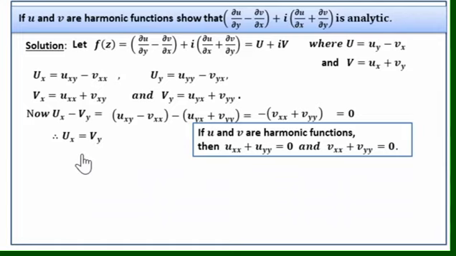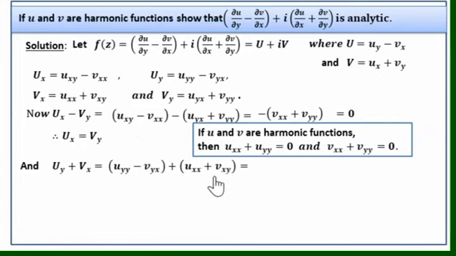Next, to prove that ∂v/∂x equal to minus ∂u/∂y, that is the second Cauchy-Riemann equation, we take this uy plus vx. If you prove that this equals 0, then we will get vx equal to minus uy. So to prove that this equal to 0, we substitute for uy and vx from this. So substitute, what is uy? Uy is uyy minus vyx, and vx is uxx plus vxy.